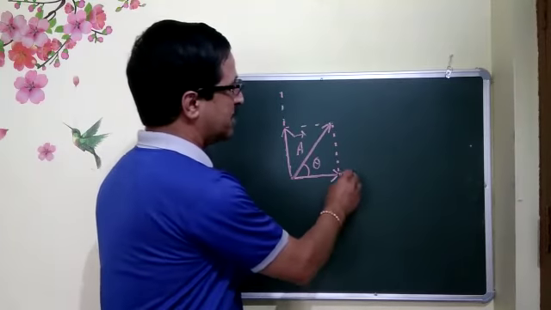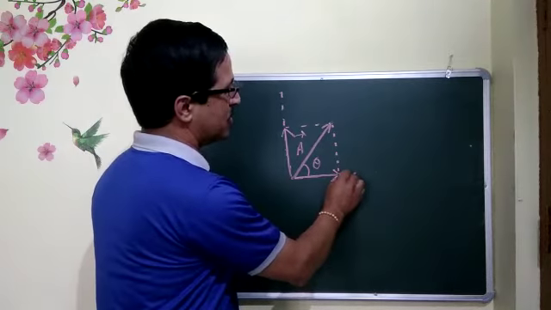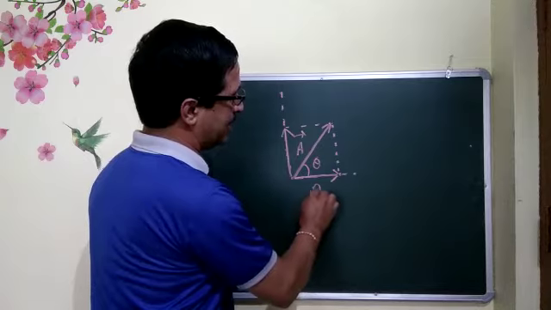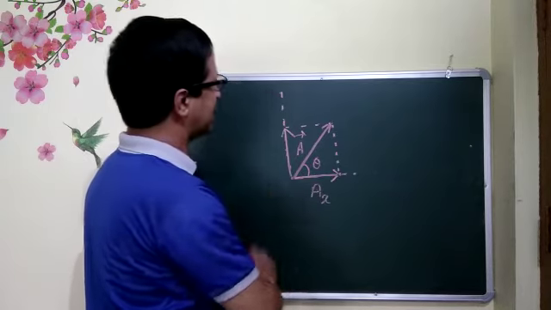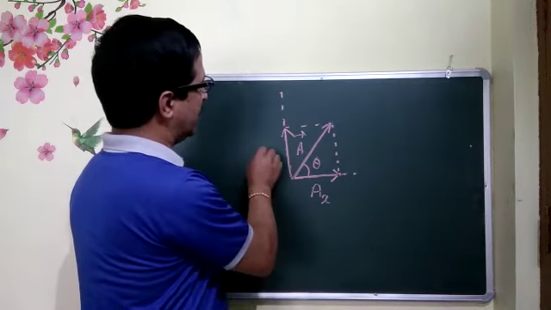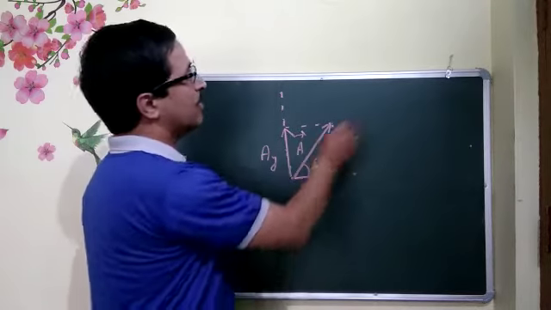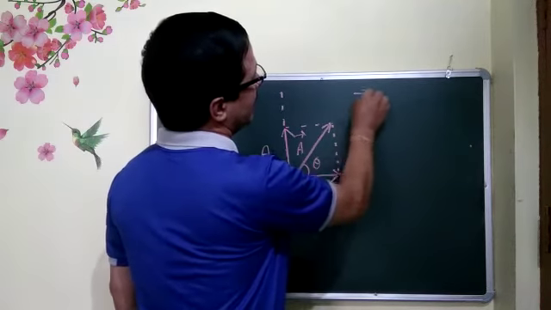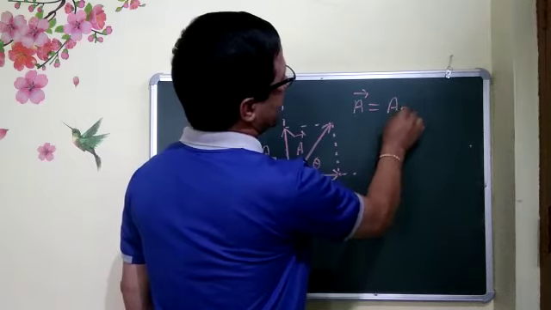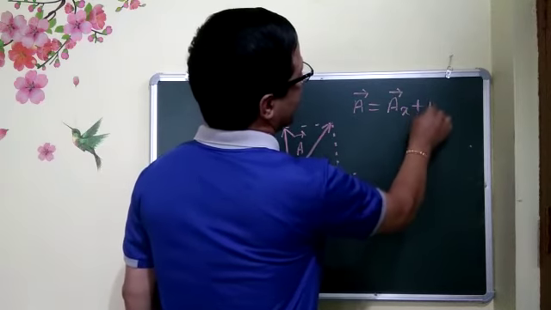This component, which is along the x-axis, is called the x component and is denoted by the letter ax, and this component is the y component and is denoted by the letter ay. So we can write A is equal to ax plus ay.